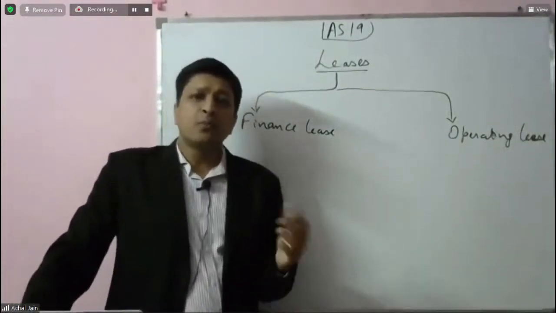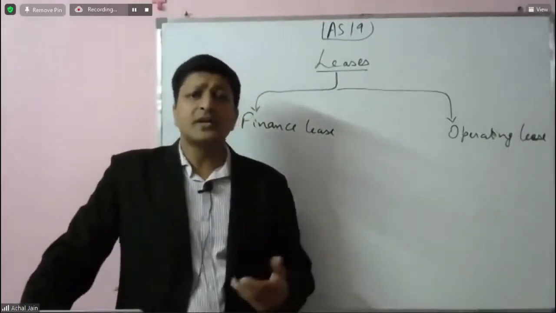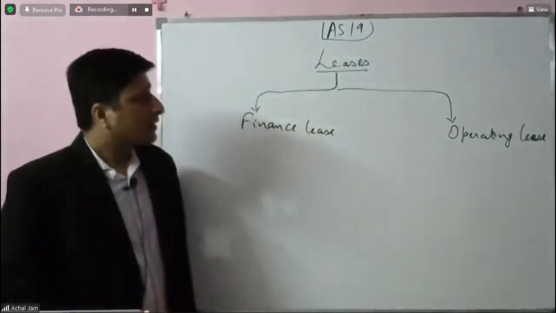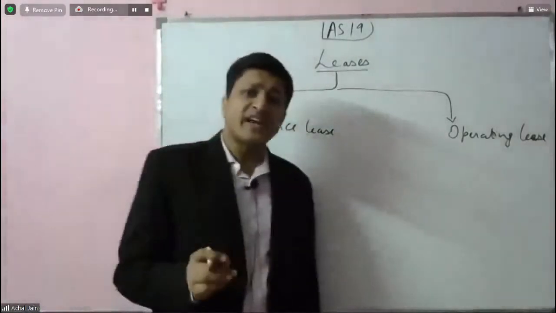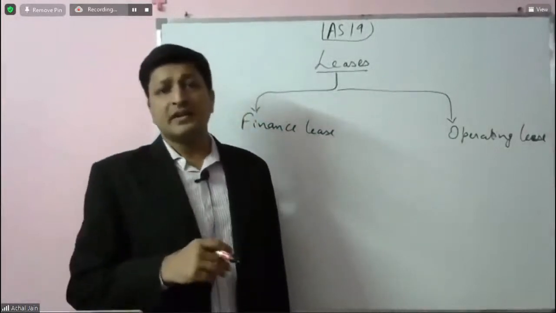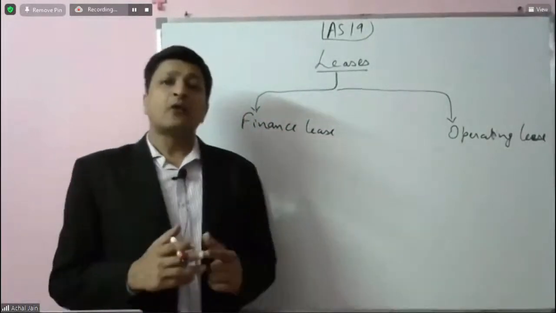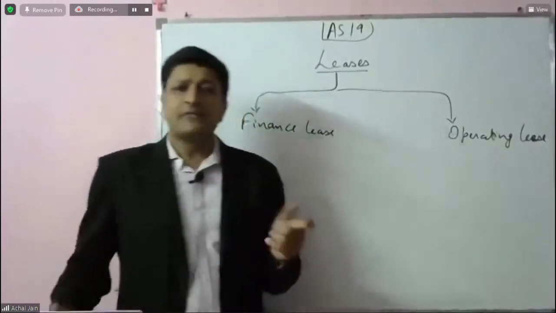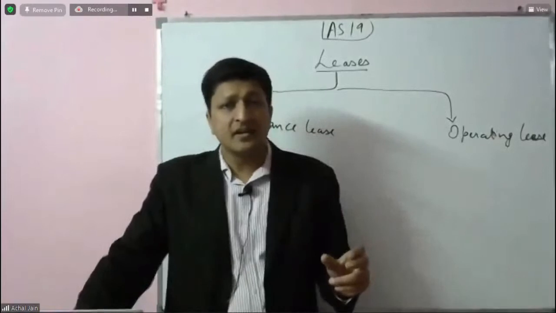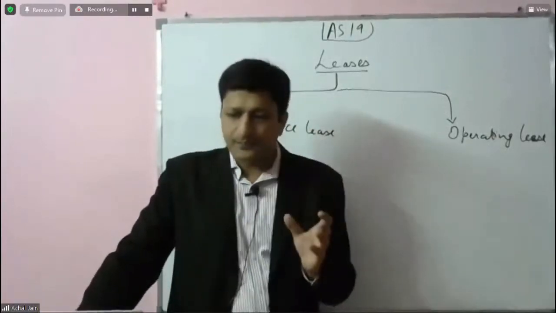In relation to both these leases, before we get on to the detailed understanding of the meaning of these two types of leases, let us first of all understand that depending on the type of lease it will be, accounting will vary. And when I'm saying accounting, I'm talking about accounting requirements of lessor as well as lessee.